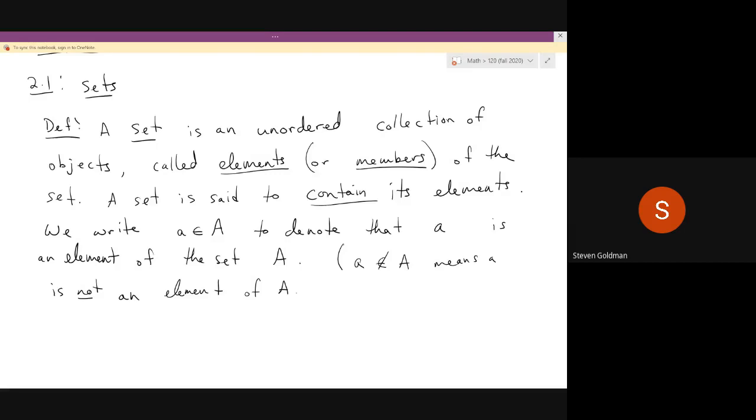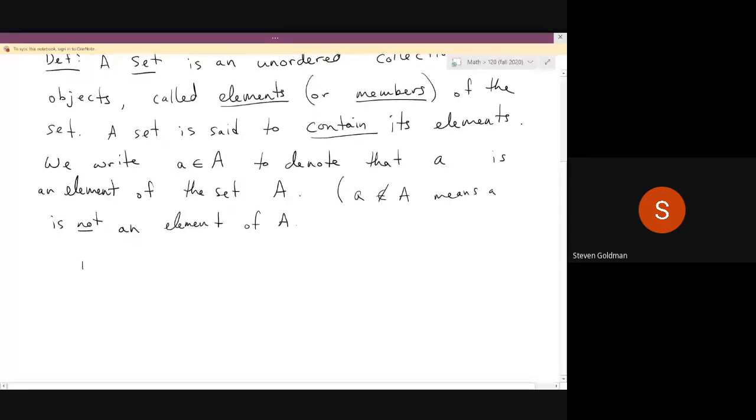Or if I'm an airline or an airport, the cities that my planes fly to could be a set. I have a set of the cities that I have flights to and from, and so on and so forth. So a set could be a collection of any objects, and it's an unordered collection. So order doesn't matter. There's no first, second, third, fourth. You're either in the set or you're not in the set.